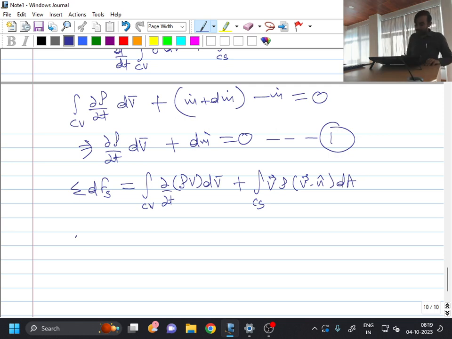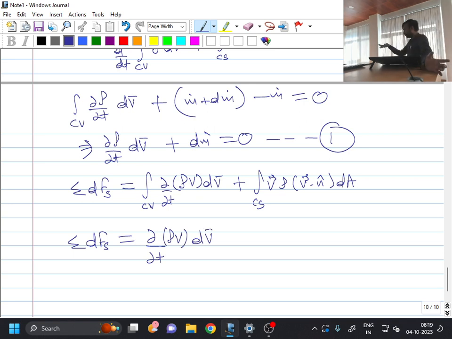Fine. So from here I can simply write that the sum of all forces will be equal to the integral. I can do the integration once again, so that will come out to be del by del t of rho v times dv bar, because my total volume is dv bar only. And here I can simply write the change of linear momentum, which will be d of m dot into v.